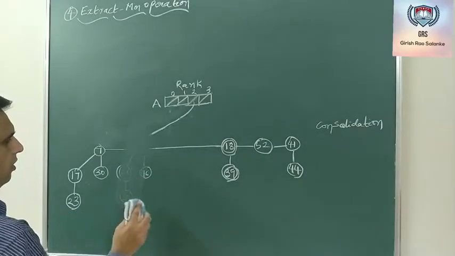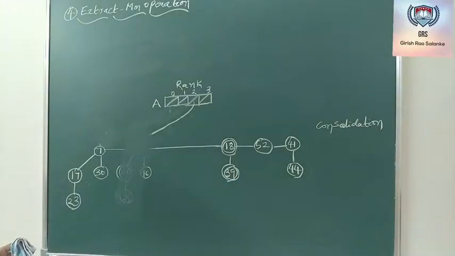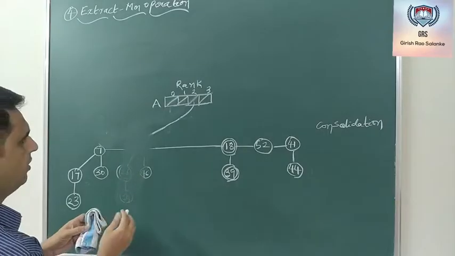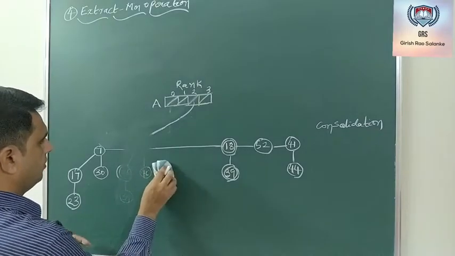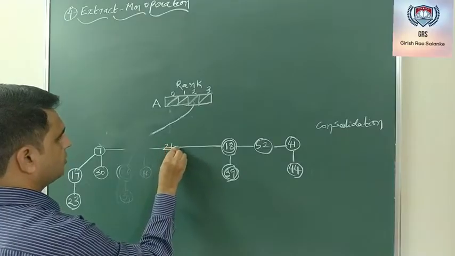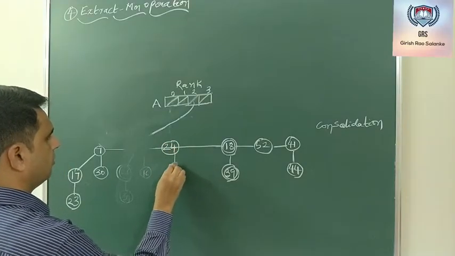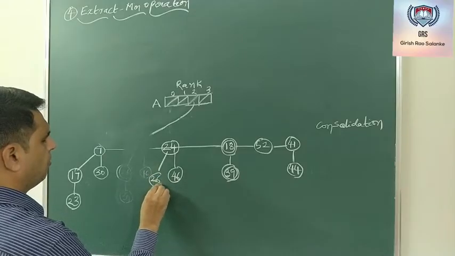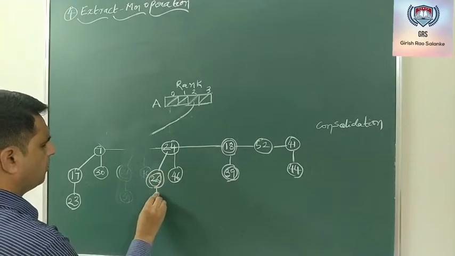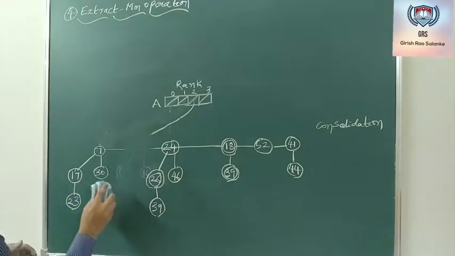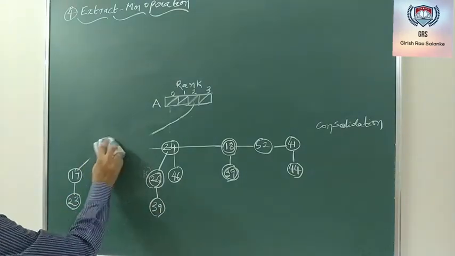This 24, 26, 46, whatever, I keep here first. So that 24, 46, 26, 39. I even move this 7, 30.